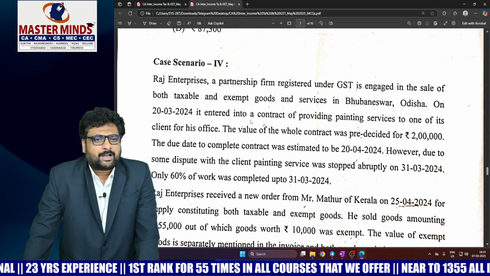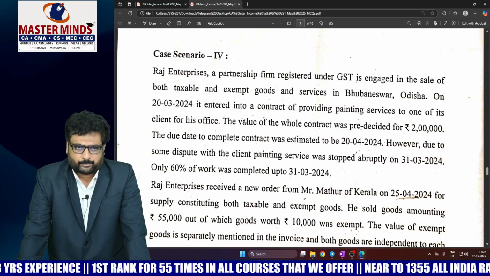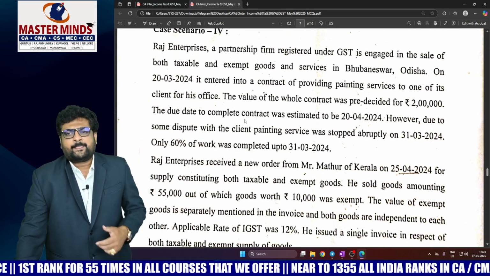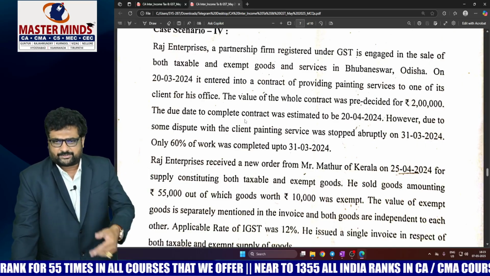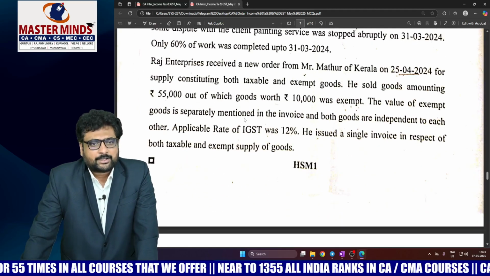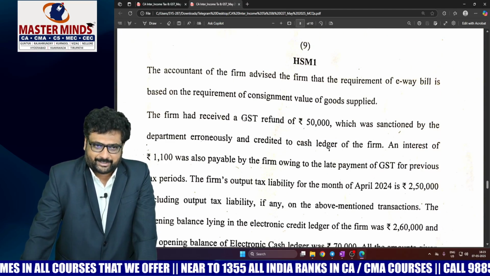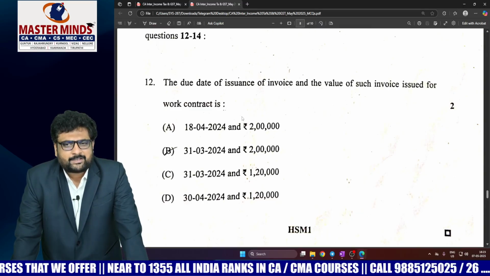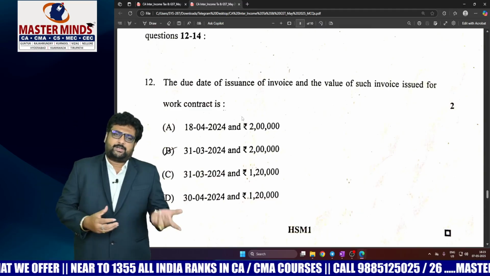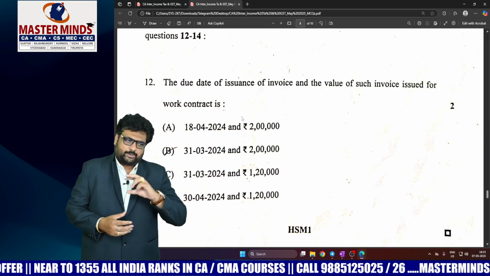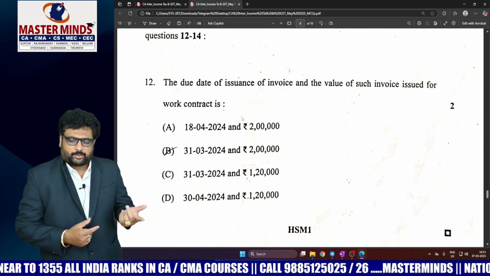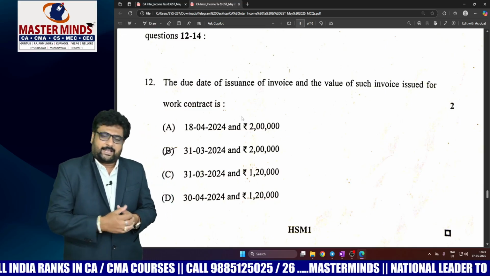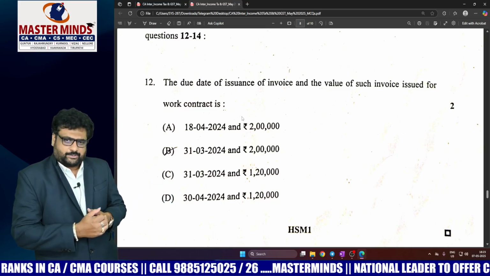And if you observe case scenario 4, whereas Raj Enterprises, a partnership firm registered under GST, is engaged in the sale of both taxable and exempted goods, like that the question was given. If you observe this entire scenario, it was a lengthy question in fact. Here it was a mixture of the due date for issue of invoice, which can be in time of supply or in the tax invoice chapter, and value.